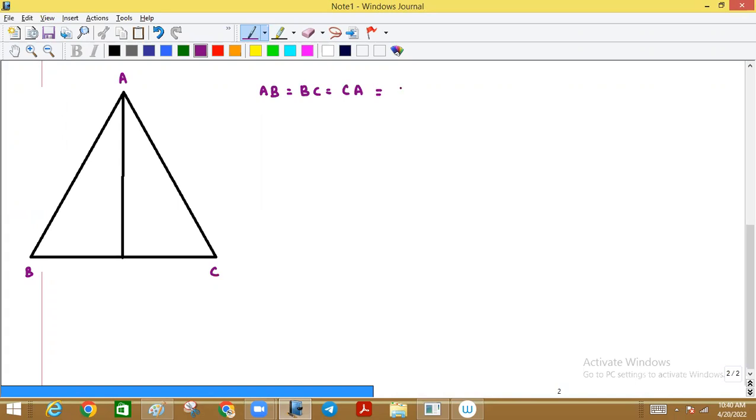Let the side of an equilateral triangle be small a. Perimeter of the triangle is sum of all the sides, that is 3 times of the side. It divides exactly opposite side into 2 equal parts. AD is the height of an equilateral triangle.